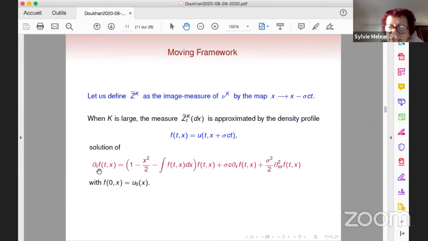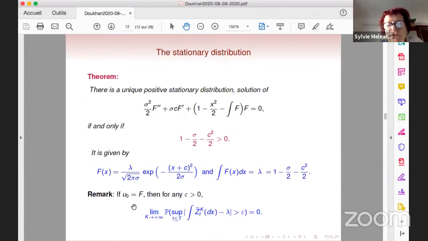But if we consider as initial condition for f of t,x for this equation the stationary point function capital F, then f of t,x will stay equal to capital F. And then that means that if u0 is capital F, then the total mass of Z tilde K will be very close to the total mass of F, that is lambda, which I've computed. That is this expression. Okay.